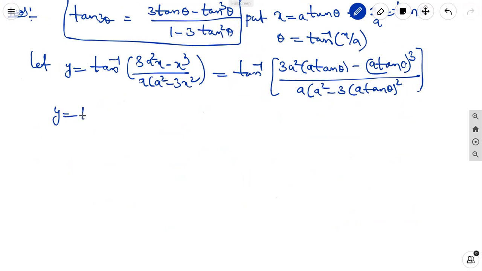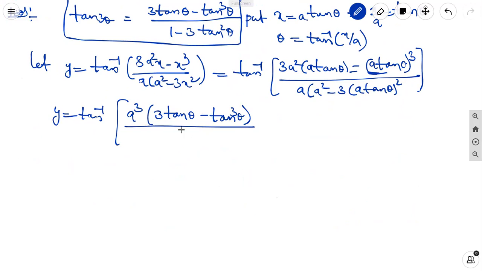y equal to tan inverse of, here a square into a cube taking common in the numerator, 3 tan theta minus, here also a cube is there right outside, then it becomes tan cube theta divided by, here a square is there, so outside one a is there, so a cube into 1 minus 3 tan square theta.